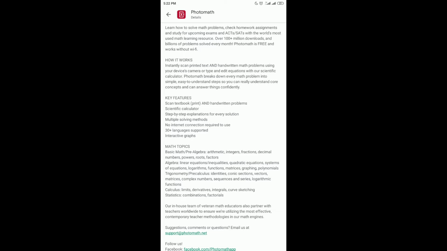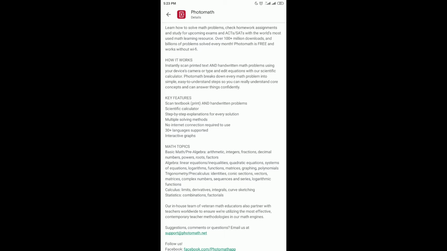For example, for basic math or pre-algebra, you can solve arithmetic, integers, fractions, decimal numbers, powers, roots and factors. For algebra, you can solve linear equations or inequalities, quadratic equations, systems of equations, logarithms, functions, matrices, graphing and polynomials.